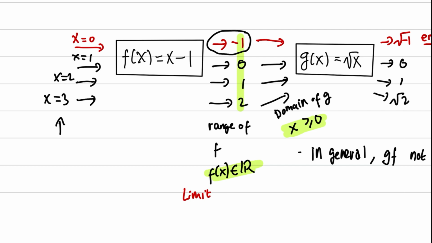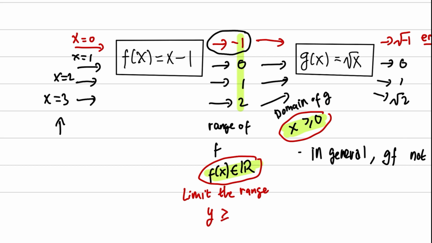This is the natural domain, it can be any number, but only numbers bigger than or equal to 0 can be put in our second machine. This means the range must also be y more than or equal to 0, or less than that also works. But when we limit the range, we limit the domain of the first machine as well.